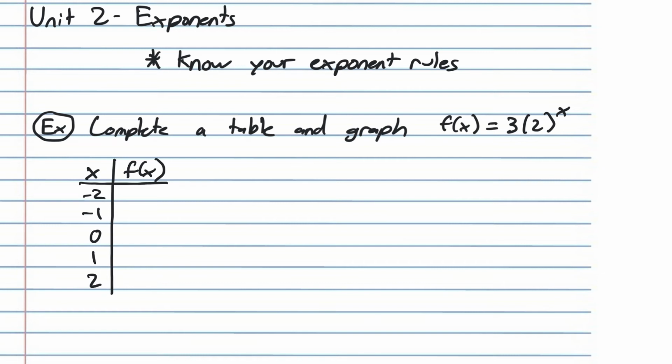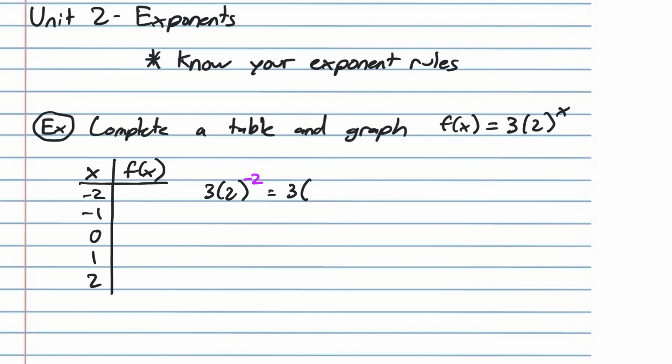Okay, so if you're plugging in -2, it would look like this. 3 times 2 to the power of -2. So here's where those exponent rules come in. You have to know, well, what does a negative exponent do? Remember, it causes the number to change sides. Okay, so it's going to turn into this.